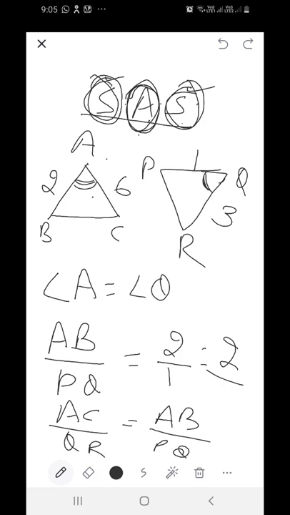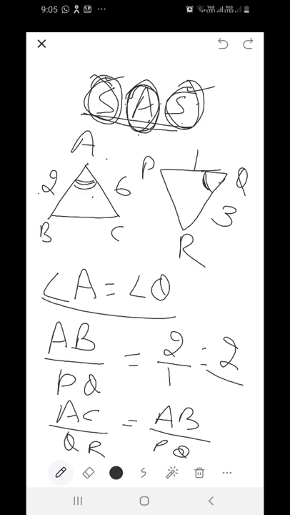Angle A is included between 2 and 6 and angle Q is included between 1 and 3. That I have given equal. Now the two triangles ABC and PQR become similar by SAS axiom.